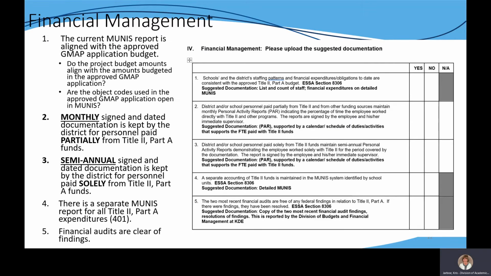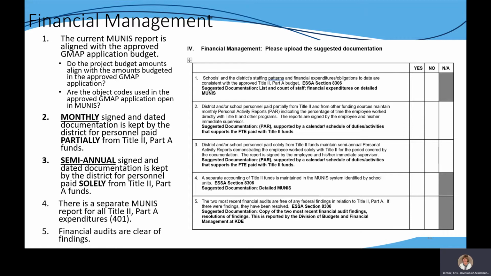The financial management section is about just making sure that Title II funds are spent on what is in your approved GMAP plan and budget. One of the main things we look for here is an alignment between the budget and the MUNIS report. So are the amounts on the budget aligned with what was budgeted in your GMAP application?